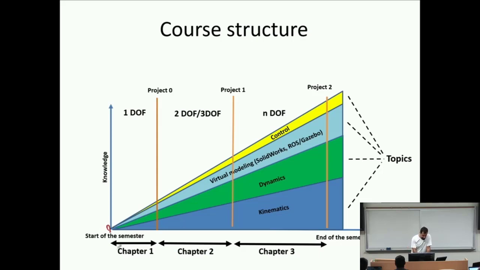In chapter 1, which will maybe take 2 sessions, I'm going to give you a very overall view of all the topics: kinematics, dynamics, virtual model, and also control. And I'll ask you to complete Project Zero.